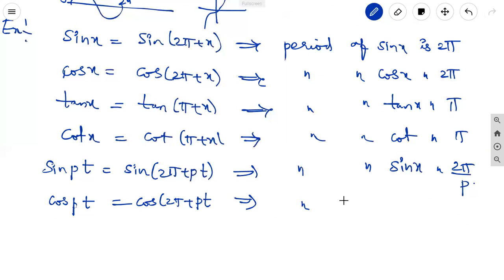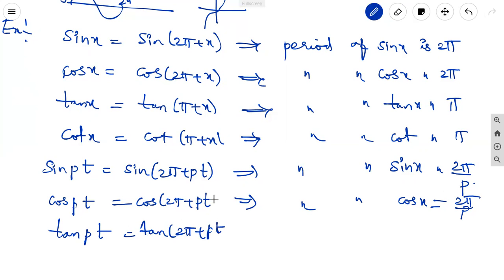That is nothing but the period of cos x equal to 2 pi by p. Tan pt period is tan of, sorry, not 2 pi, tan of pi plus pt. In that, the period of tan is pi by p. You have to remember the periods of sine, cos, tan, cot.